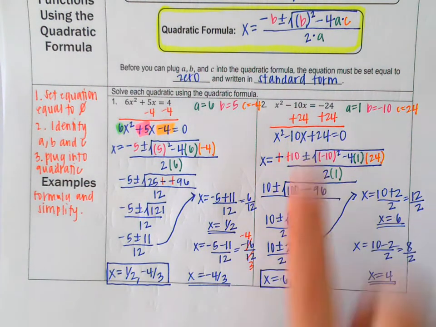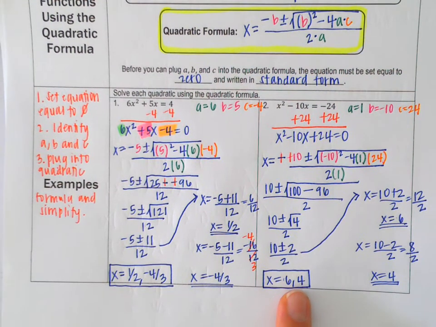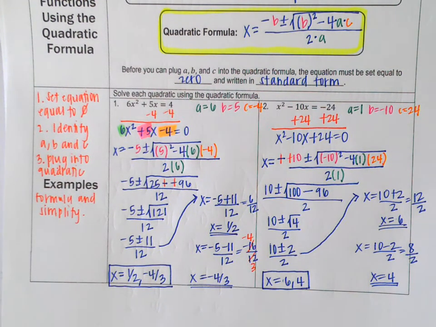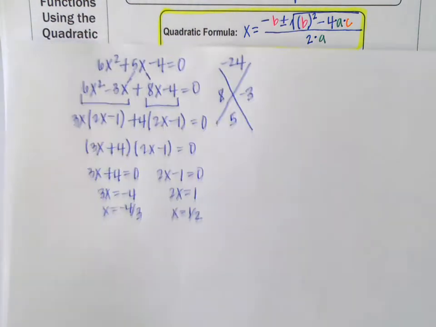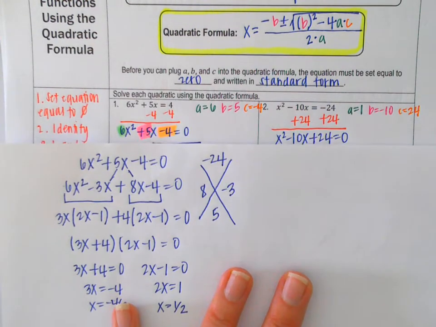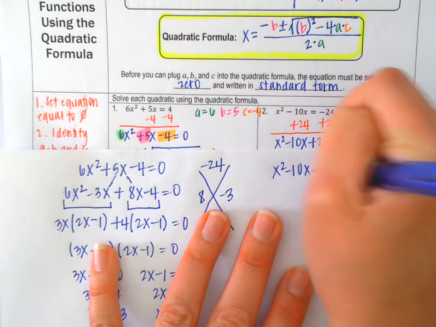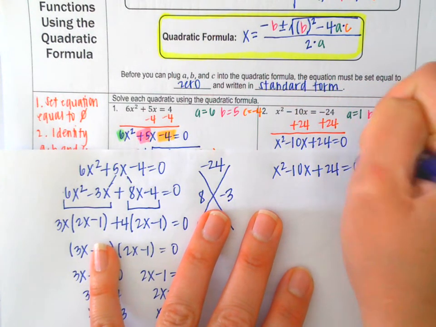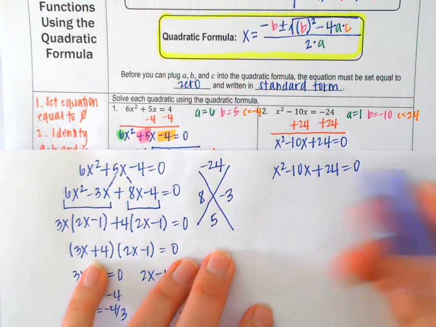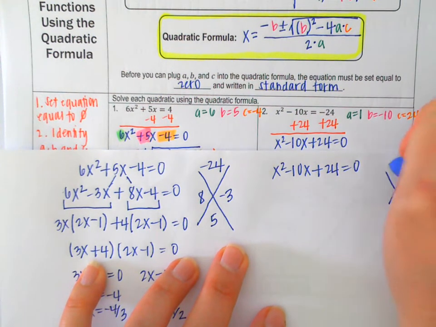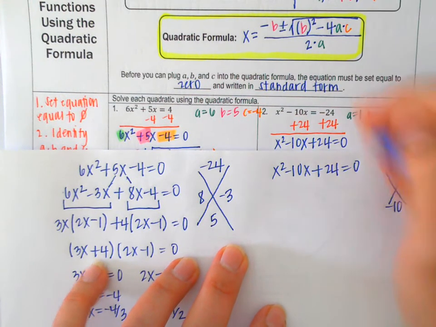Now, again, because I got whole numbers and I didn't get anything with a radical, this one is actually factorable too. So if I go back to kind of here, again, when it's set equal to 0, I can factor that. So what two numbers multiply together to get me positive 24 and add to get me negative 10?